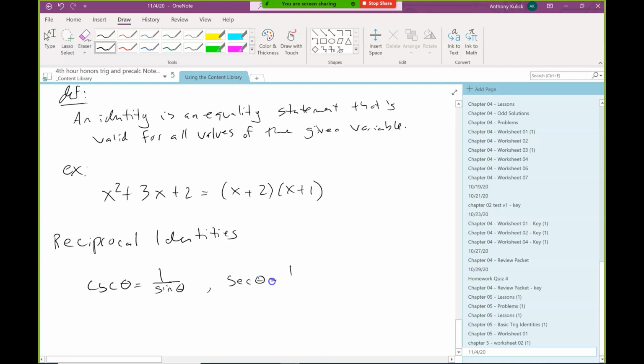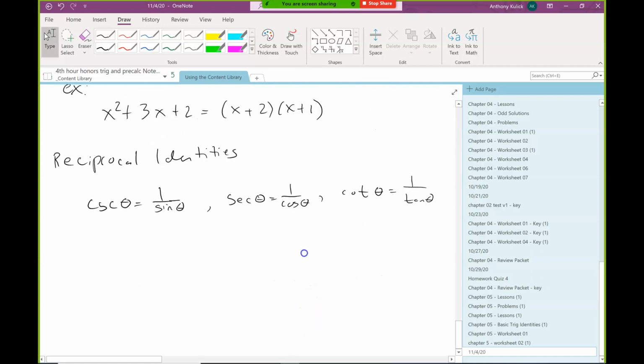And if those are true, I should be able to take the reciprocal of both sides to say sine theta is 1 over cosecant, or cosine theta is 1 over secant, or tangent theta is 1 over cotangent.